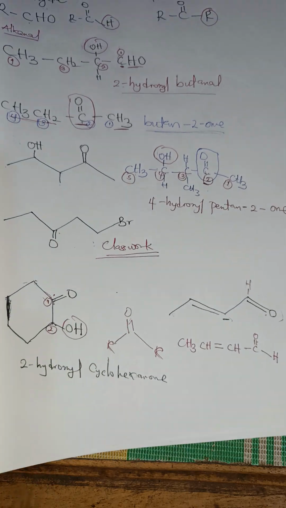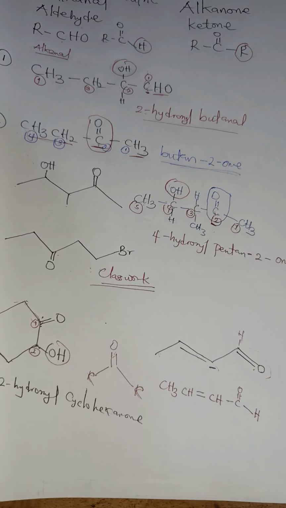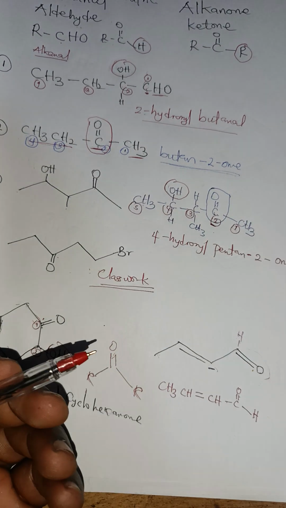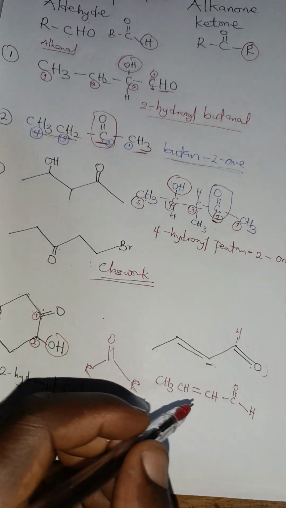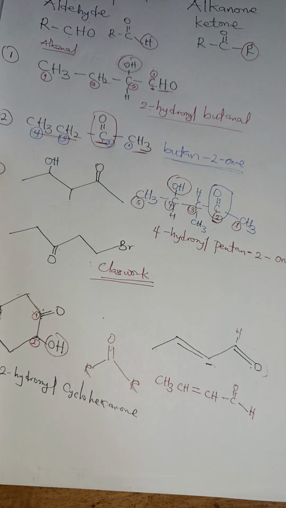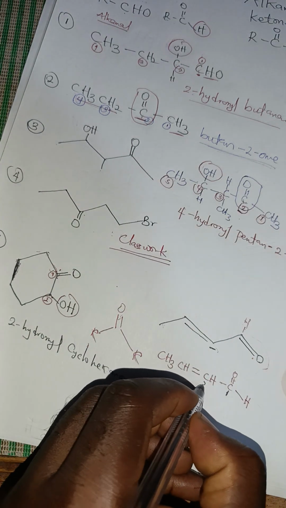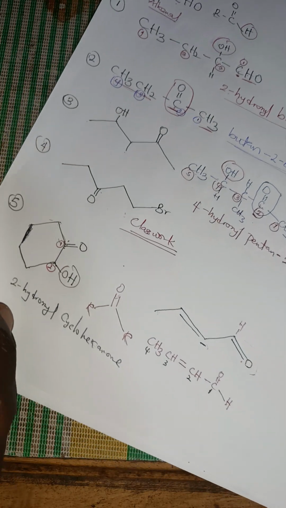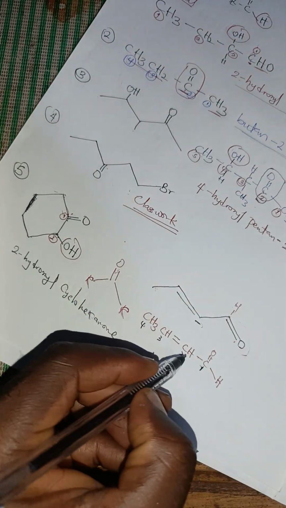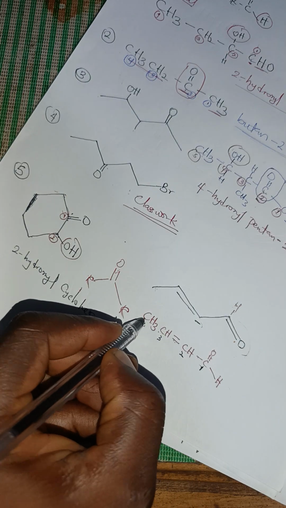So how do I name this alkanal? Very simple. To name this alkanal, you just count. You start counting from the carbon of the functional group. You know that when we are naming alkanal, we count from the carbon of the functional group. Where's the carbon of the functional group? The carbon of the functional group is here. That will be 1. This will be 2. This will be 3. This will be 4. So how do I then name it? That will be 1, 2. Our double bond is in position number 2. 3, 4.